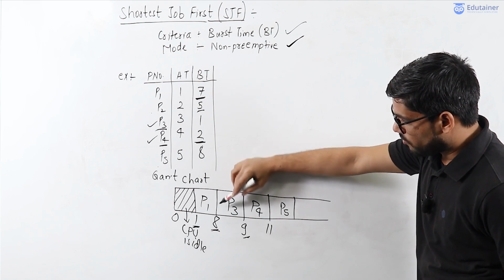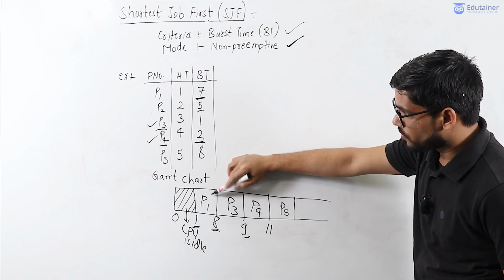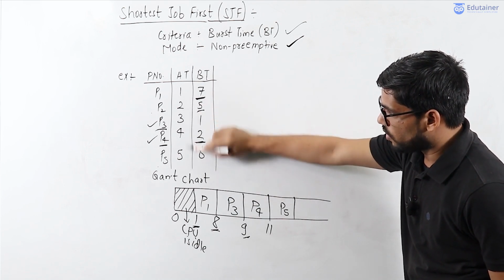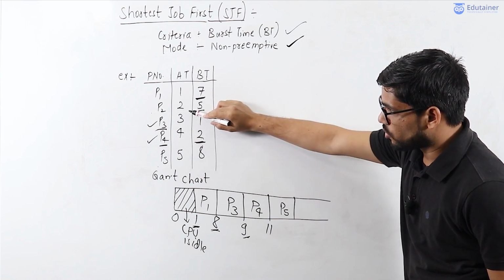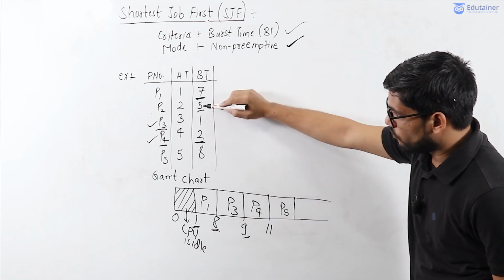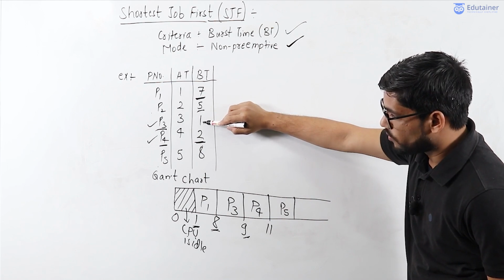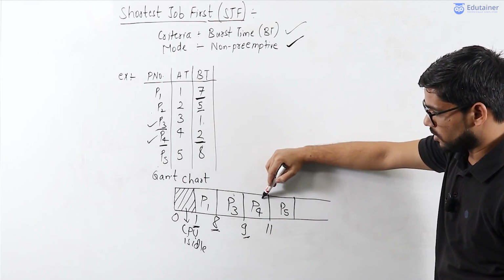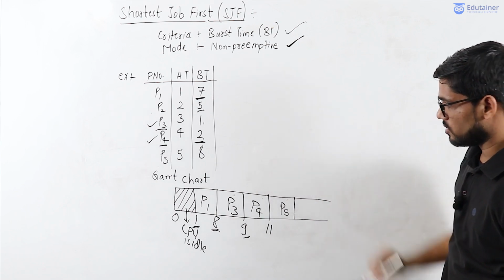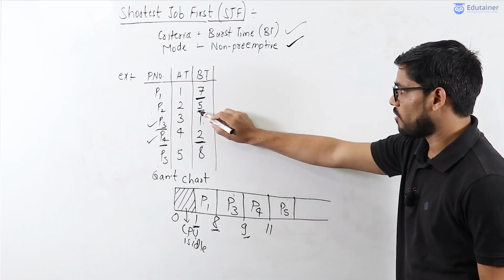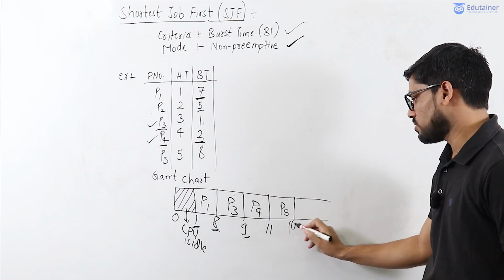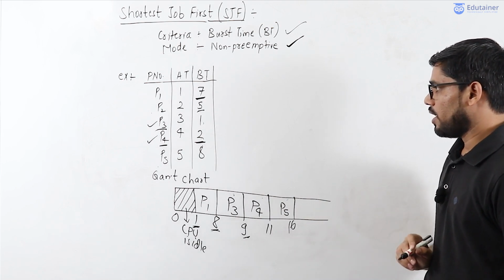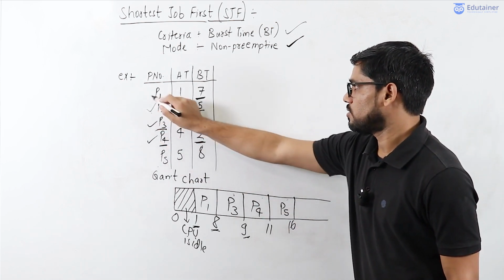Similarly, when process P1 is over, all the processes are available. So process P3 has the least burst time, so we pick process P3 after P1, and similarly after P3, P4 is picked, and after P4, P2 is picked. P2 requires 5 units of time, so 11 plus 5 is 16, and the last process is P5.